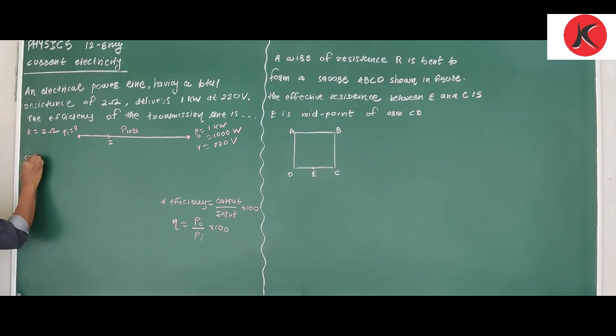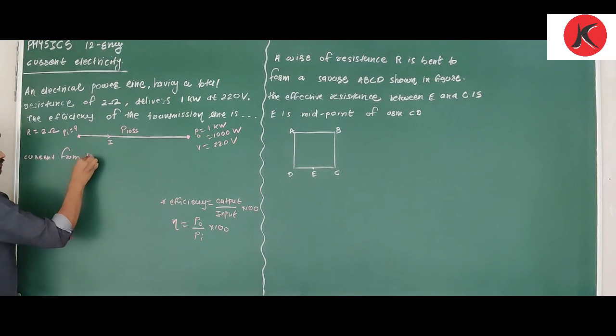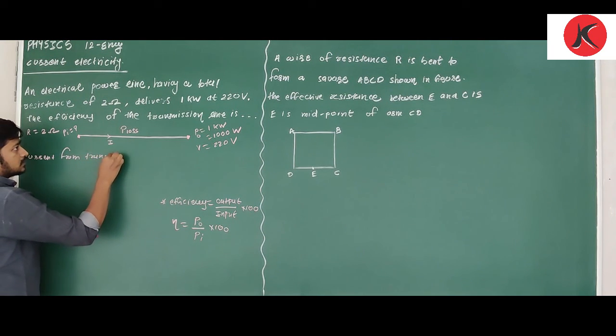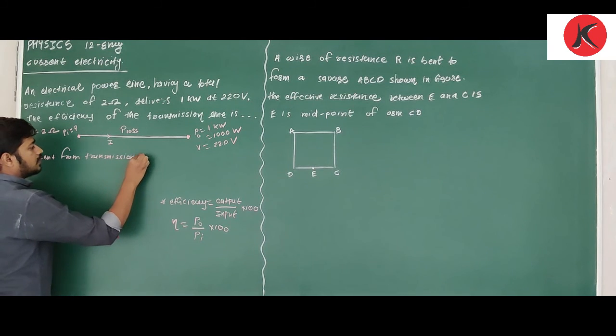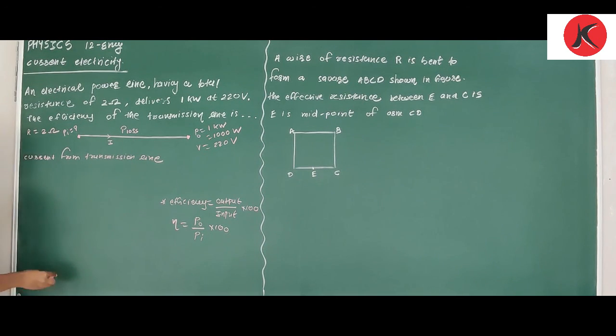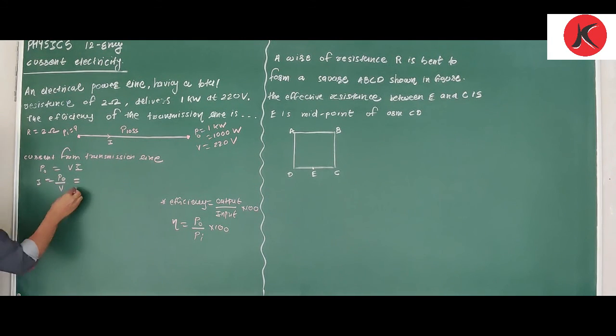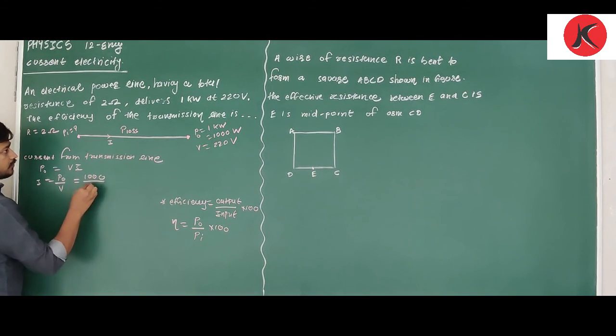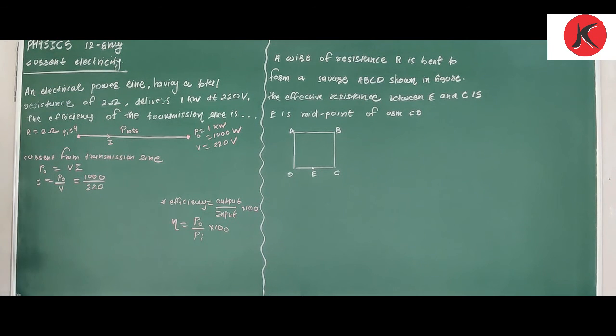What is the current flowing through the transmission line? For that, we will use the equation P is equal to VI. So I is equal to PO upon V, that is 1000 upon 220 ampere.